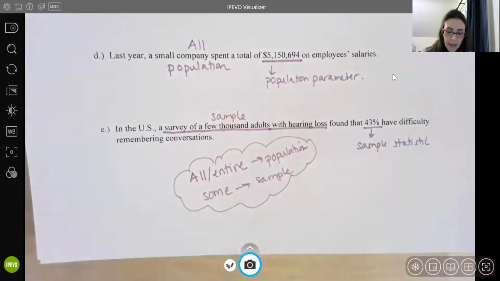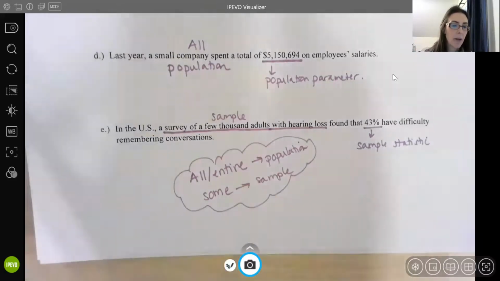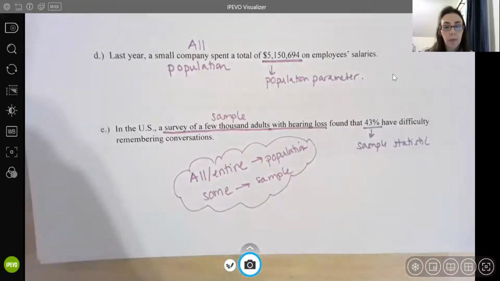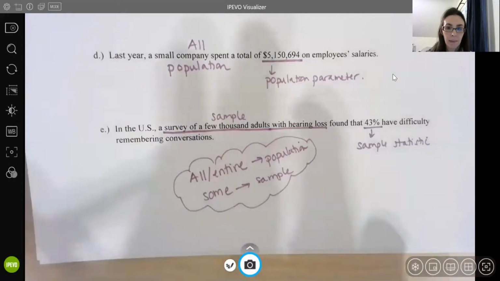Okay. So that's the basics between populations versus samples. So again, your population is everything or everybody in a certain group, right? So maybe we're focusing on high school students, or we're focusing on adults in the US, or we're looking at those who are employed. It would be everybody or everything.